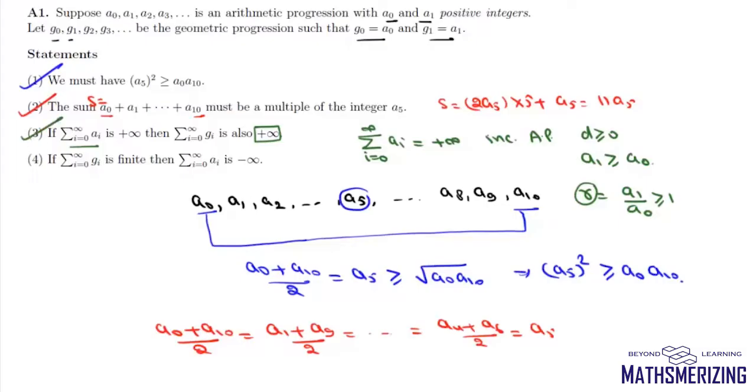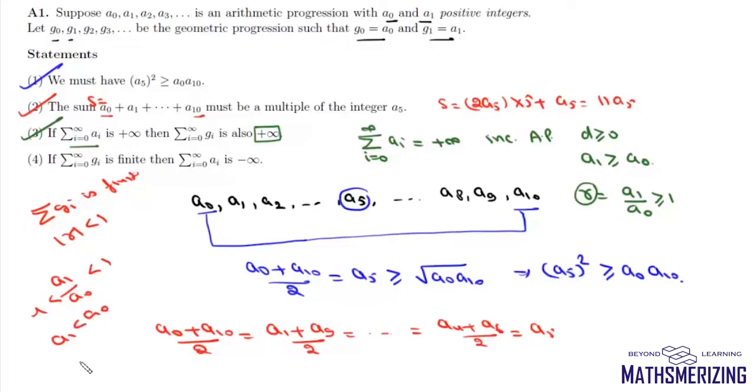Now if we look at statement 4, it says the sum of infinite GP is finite. Now we know that this sum is finite when mod R is less than 1. Now it means A1 upon A0 will be greater than minus 1 but less than 1, and from here we'll get A1 is less than A0.